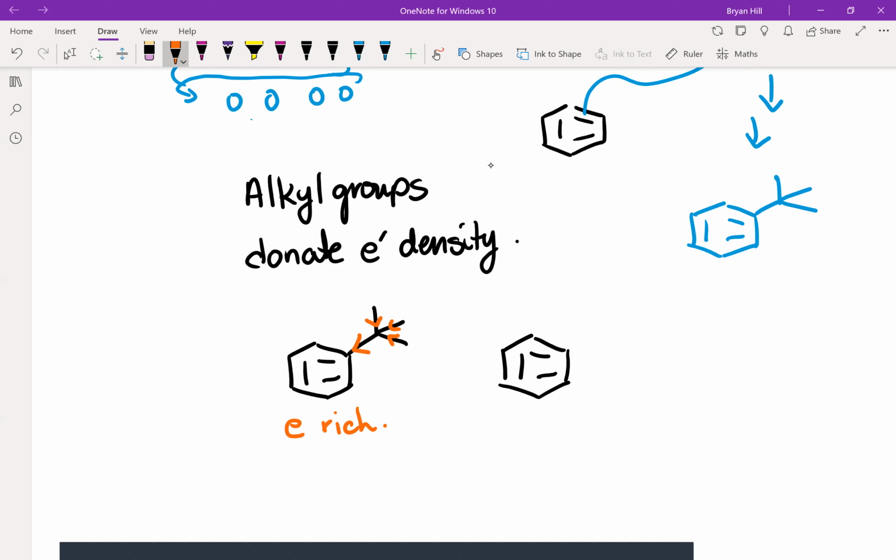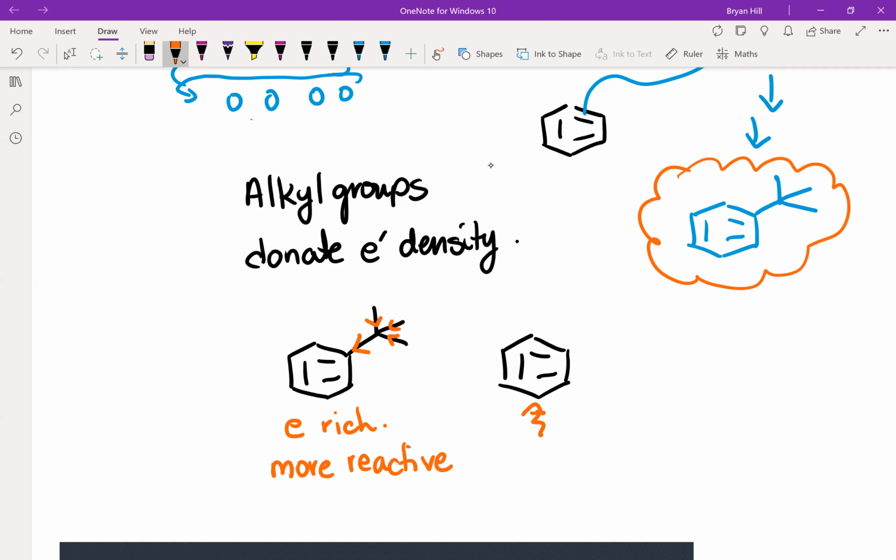So in your reaction mixture, if you start to form a bunch of these molecules with the tert-butyl group, because it's electron rich, these are more reactive than, say, benzene.